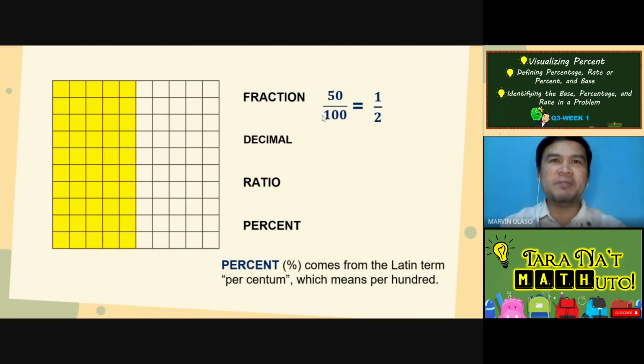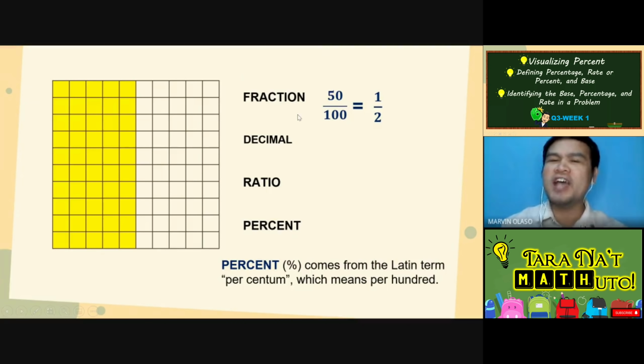Let's proceed to decimal. Again, decimal number is a number subdivided into tenth, hundredth, thousand, and so on. Meaning, in order to change a number into a decimal number, you need to know the fractional part based on the denominator of 10, 100, or even 1000.